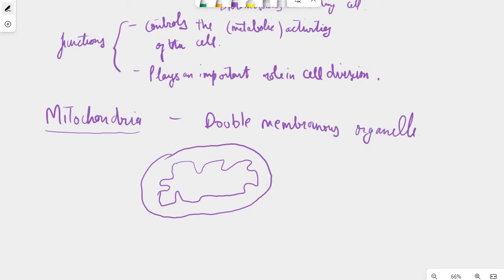So this is the outer membrane, and the space between the membranes is filled with fluid, the lumen, and the projections are the inner membrane. This makes it a bit clear.